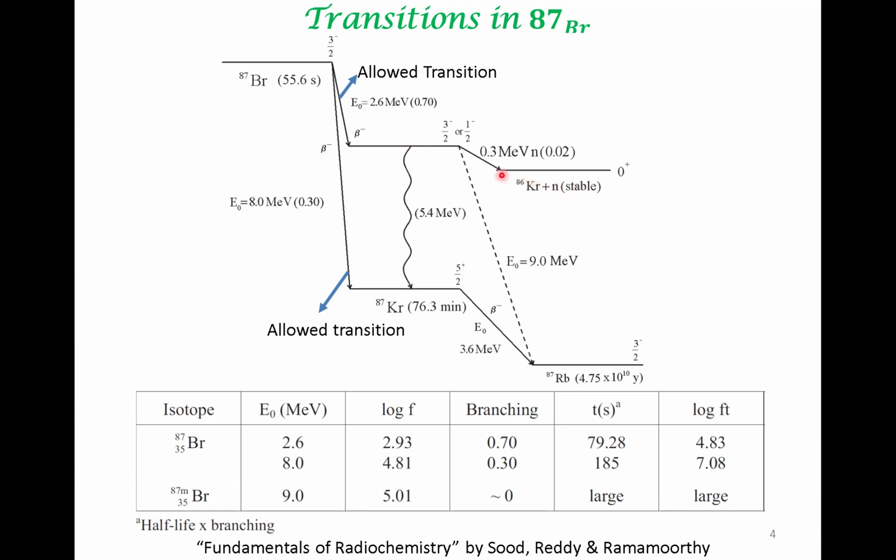The neutron in this pathway will get released. Even though this transition is allowed, there is no constraint based on selection rules. This is not observed, and the general reason given, at least here, without going into additional details, is that the energy difference between this and this state is much larger.